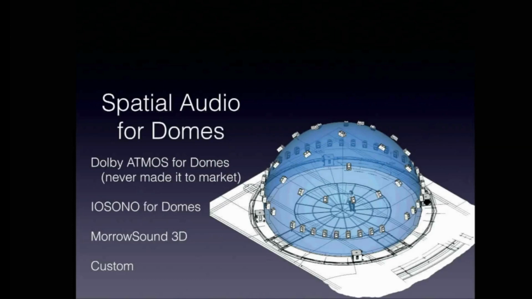Most domes probably wouldn't want to put in the standard theater system because it might require too many speakers, but also it was set for a rectangular room, and obviously we work in non-rectangular rooms. It turns out, though, that that never really made it to market as a product.